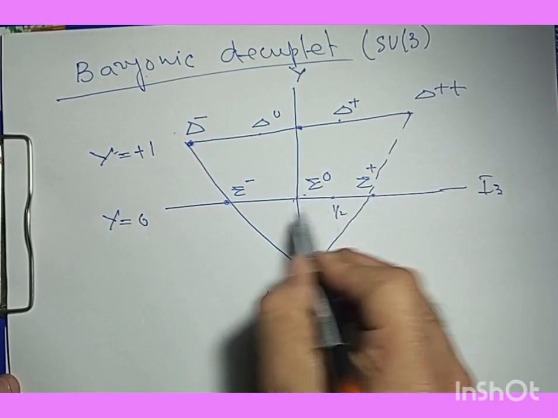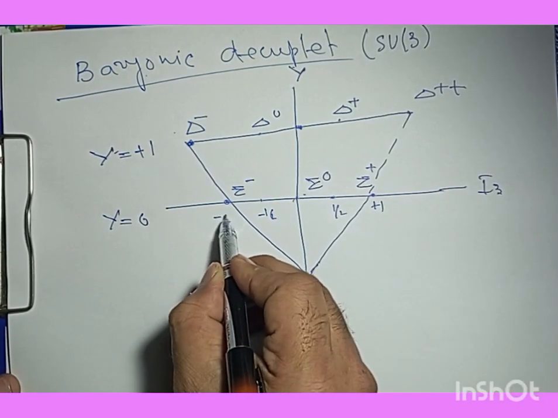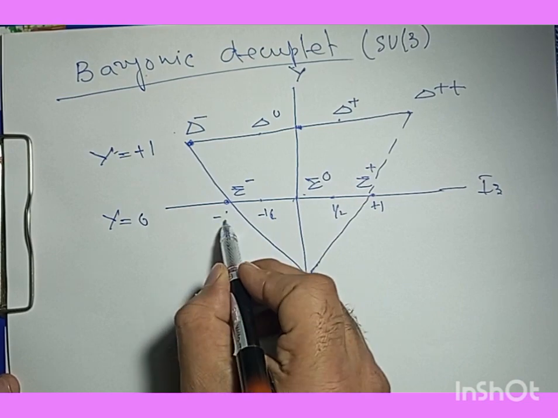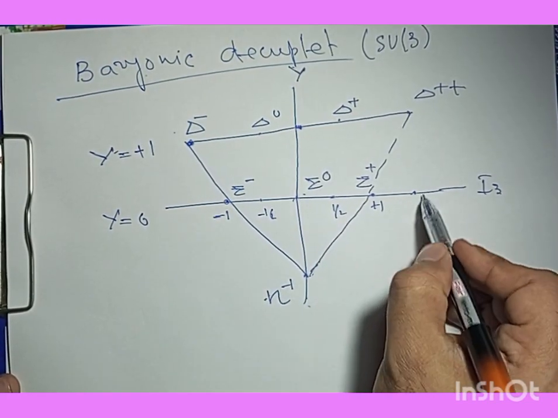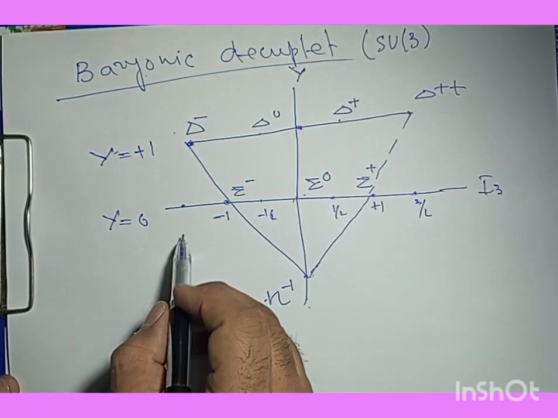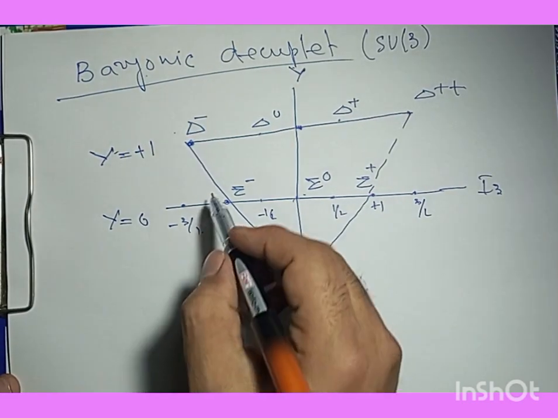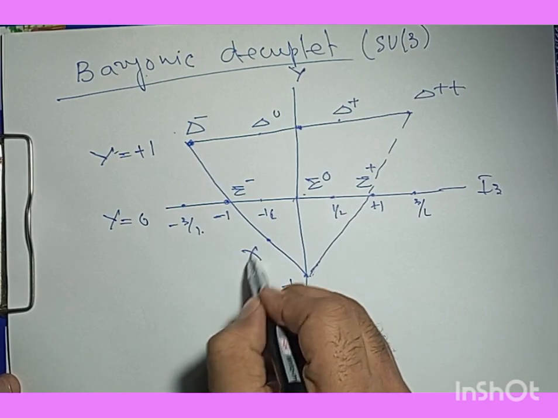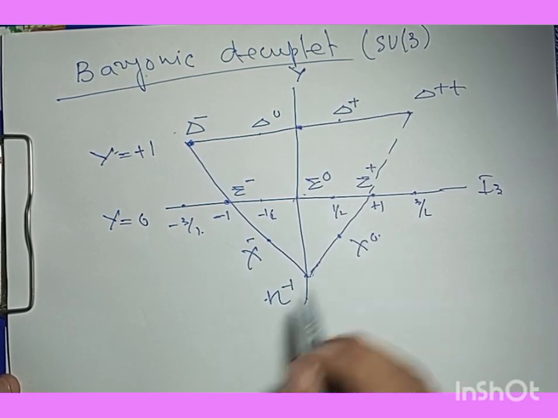This is my +1/2, this is my -1/2, so this is my +1, and this is my -1. And if you move ahead of it here, you can have 3/2, and if you move ahead in the negative direction, this will give us -3/2 here. Now here I have chi negative, and here I have chi 0.